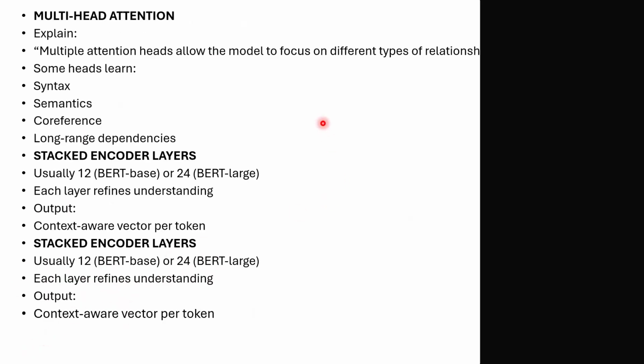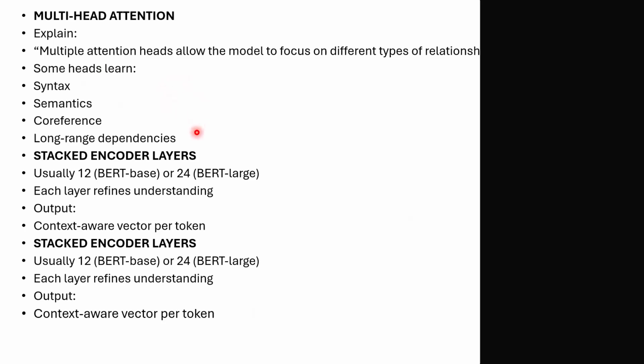As we discussed before, multi-head attention means multiple heads. It allows the model to focus on different types of relationships at the same time. Some heads learn syntax, semantics, coreference, and long-range dependencies.